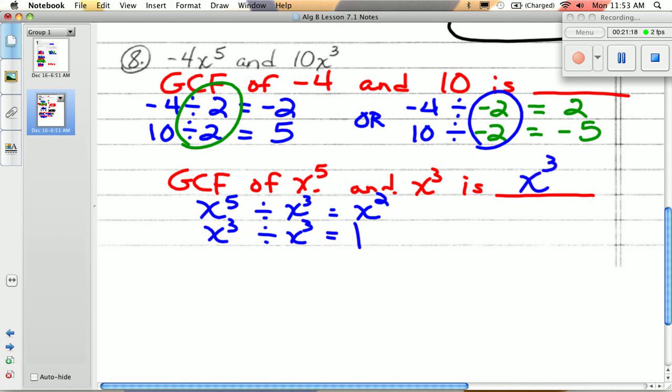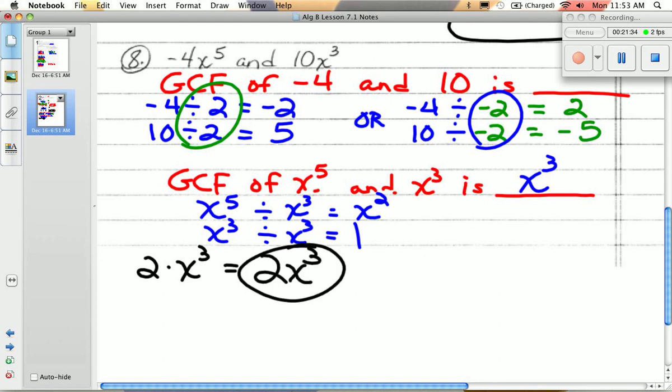Yes, I was right. Okay, now we're going to say, if I divided out a 2, and the other one I divided out an x cubed, my GCF is 2x cubed.